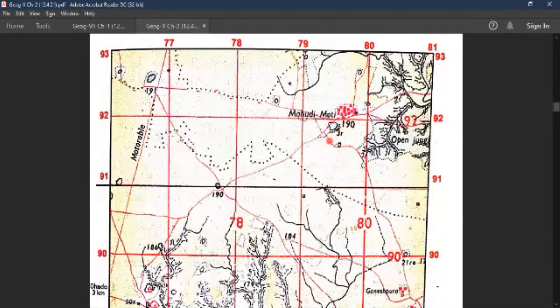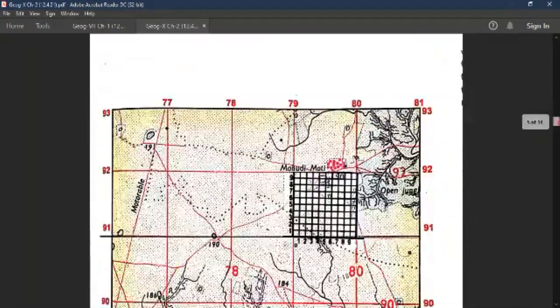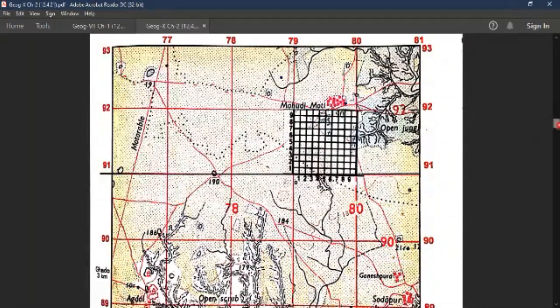So now to find out its six figures, we have to divide the overall grid into 10 equal divisions, horizontally and vertically. So here it's being done. As you can notice, this is the dry tank, and this is the actual division, right?